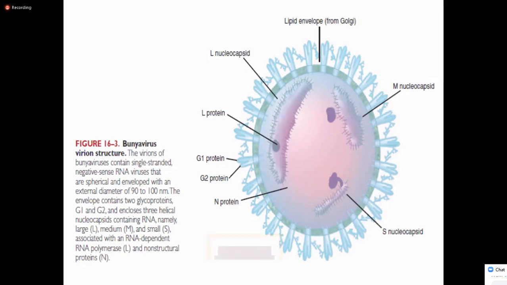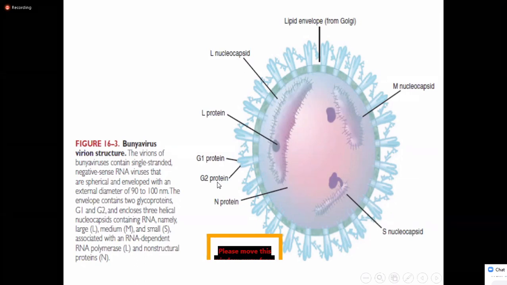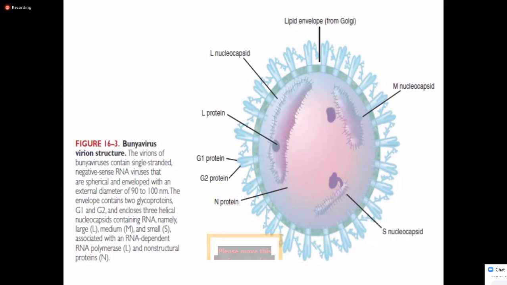Also, this virus has two glycoproteins in the envelope, G1 protein and G2 protein. This is the structure of the bunyaviruses. So you have to be aware of the pictures, the figures of these viruses. I would like you to differentiate between them. Concentrate on the differentiation between these viruses.